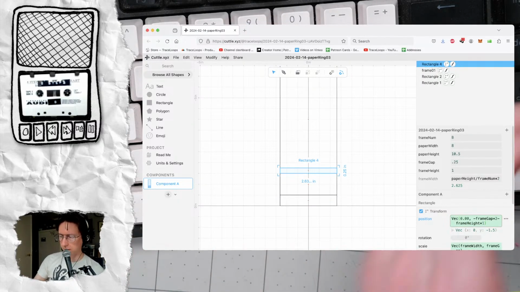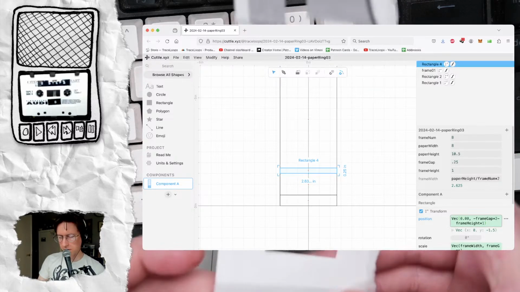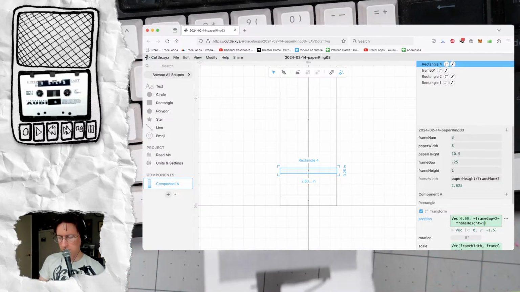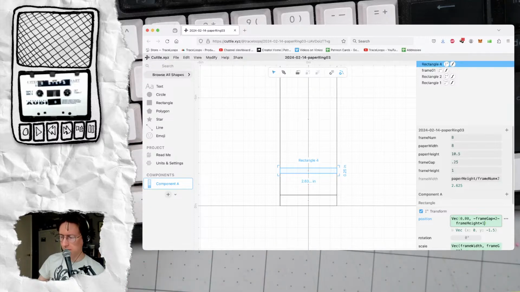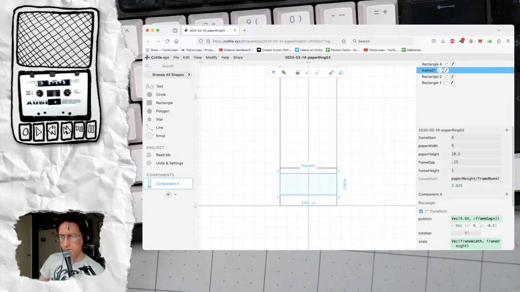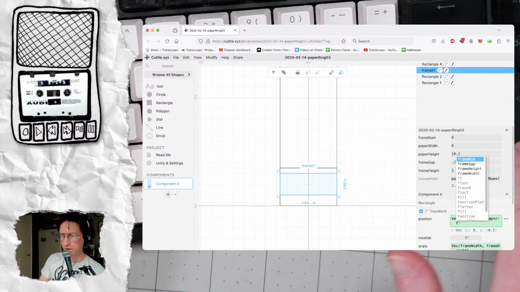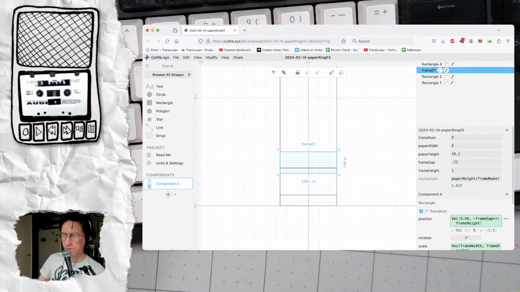And so far we have the base, frame 1, the gap between frame 1 and frame 2. And now we need another minus frame height times 0. Frame 1, frame 2, and the position of this is times 1 times 3.